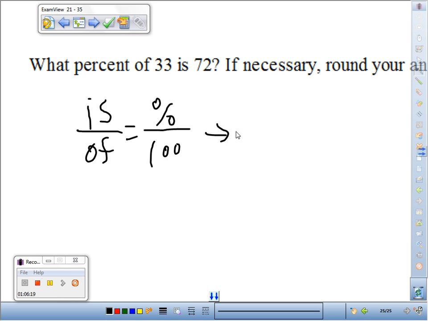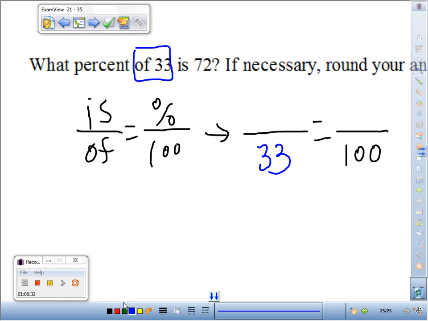From there we rewrite this, but with blanks. Blank over blank equals blank over 100. So let's see, what information do they give us? What is the of? 33, it goes down here. What is the is? 72, it goes up here. And since they don't give us a percent, that becomes x. So we need to solve for x.